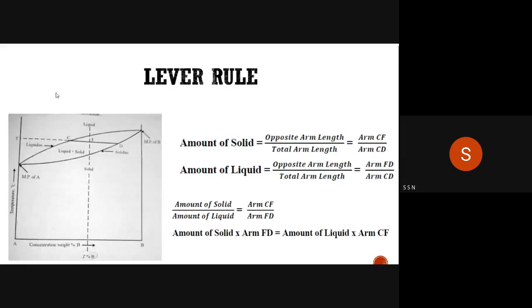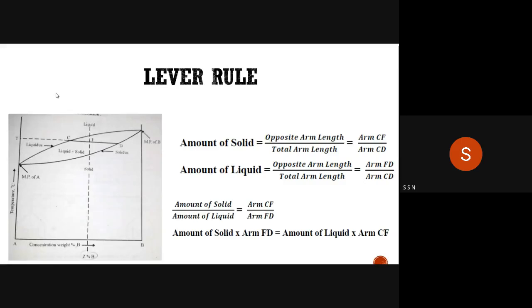Now, if you know the proportion of liquid present at C point and the proportion of solid present at D point, that means if you know the CD line, and if you know the Z proportion at F point, you can easily find out the amount of solid present at F point.